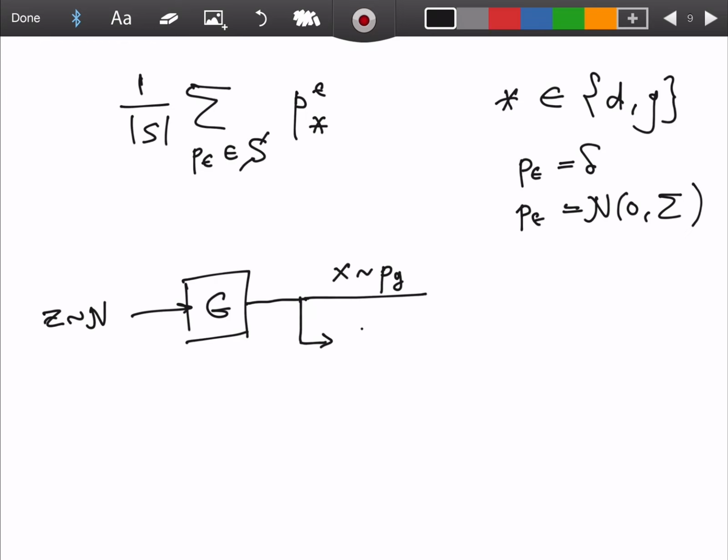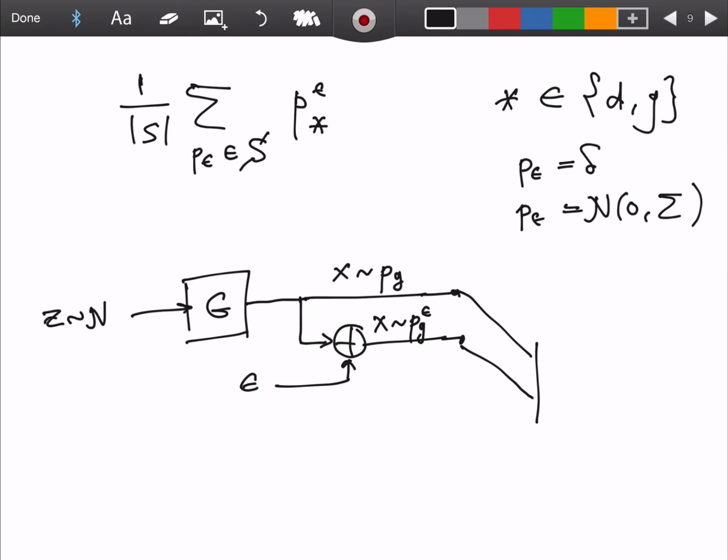I'm adding here another branch, adding epsilon to it. And this is my X coming from PG epsilon. And here I will feed both to the discriminator, because I'm discriminating both. So my expression for the discriminator now receives both distributions.